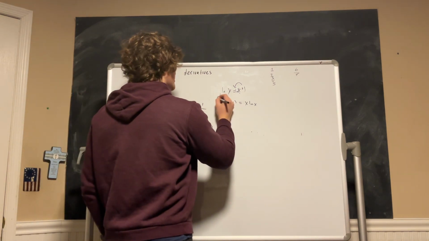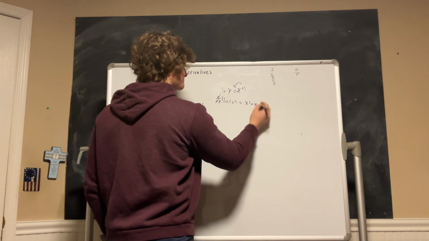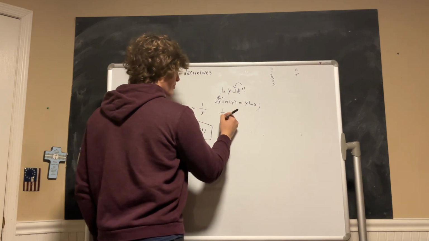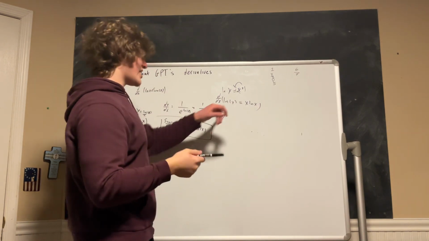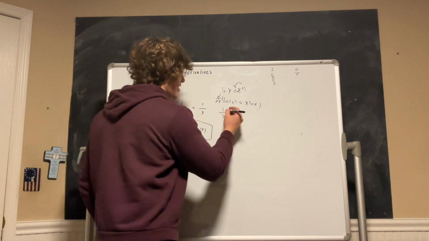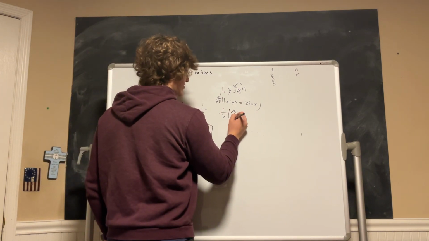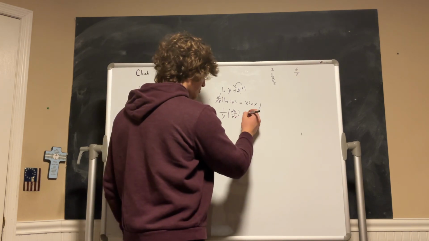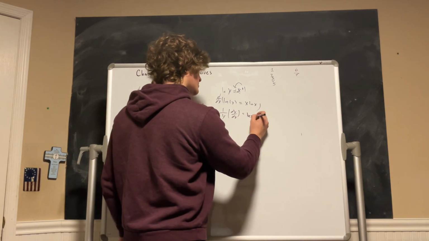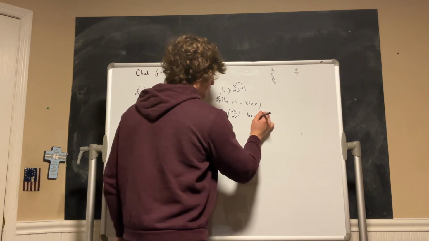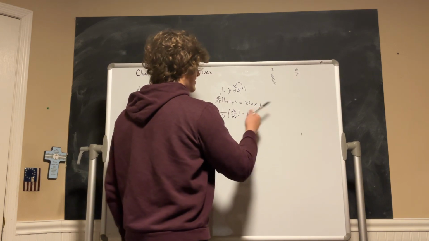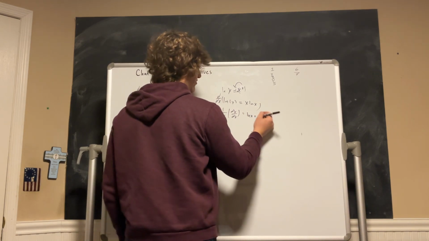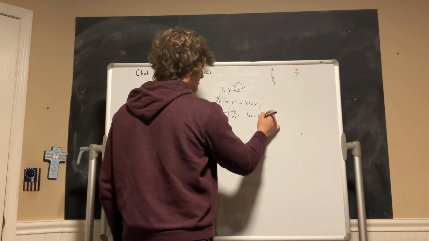Now we have to differentiate both sides with respect to x. So we get 1 divided by y, because our ln of y is that, times dy over dx through the chain rule, is equal to, we have to do a product rule on this, so we have ln x plus our 1. Since x ln x, if you take the derivative of ln x, that's just x over x.